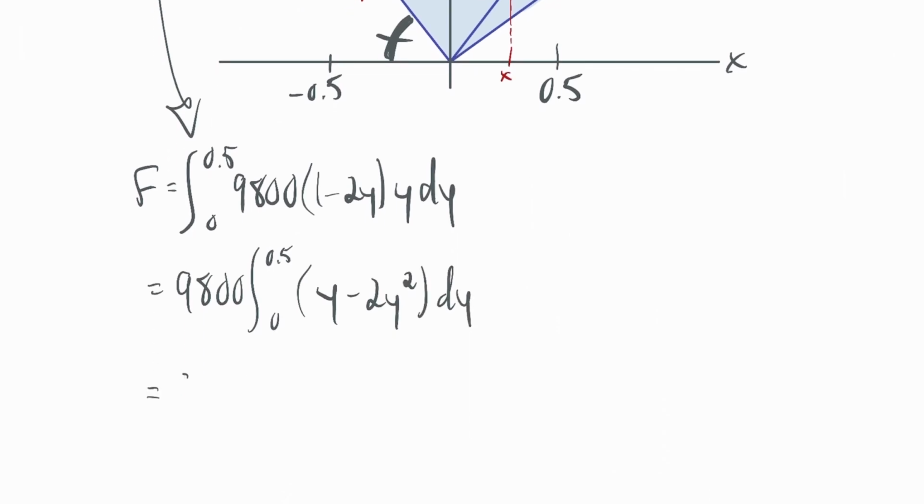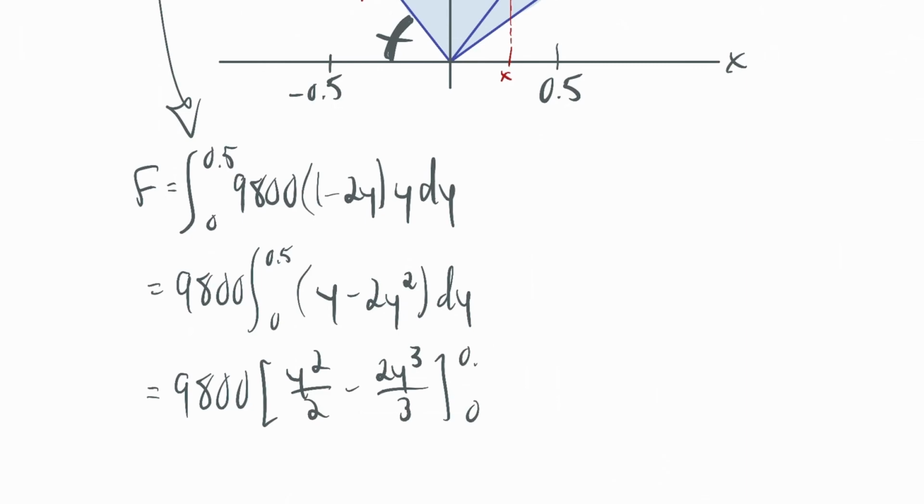So this will be 9,800 times y squared over 2 minus 2y cubed over 3. I'm starting to think this didn't really save me any trouble as far as having that 2 there.